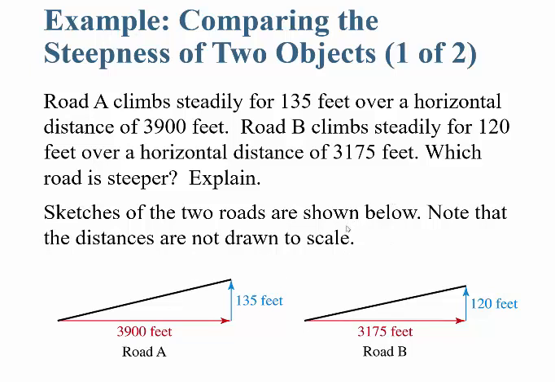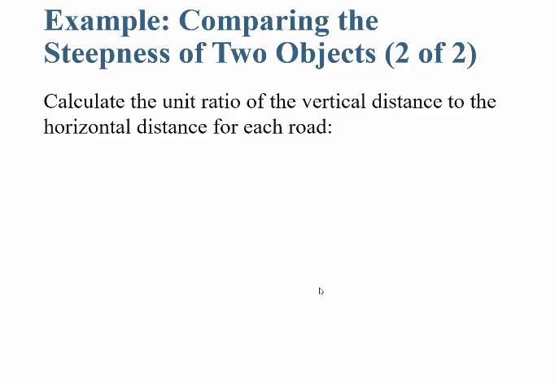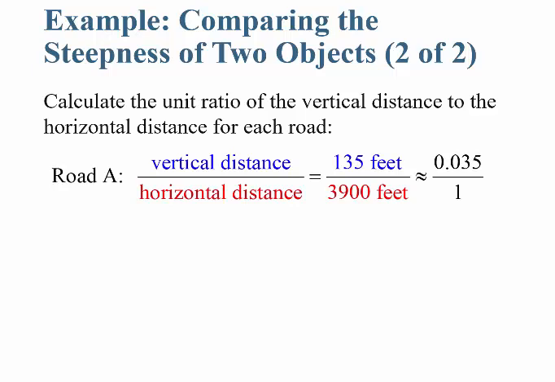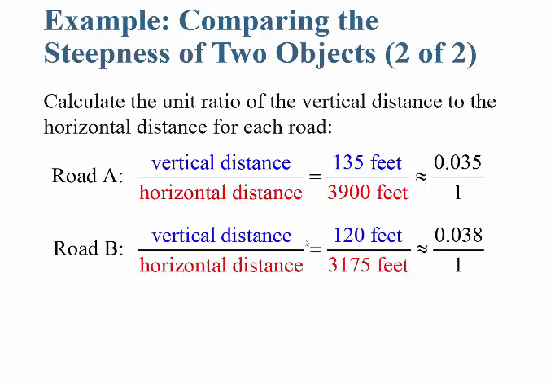So the sketches here are the two roads shown below. Note that this is important, the distances are not to scale. We want to calculate the unit ratio of the vertical distance to the horizontal distance of each road. For road A, 135 feet divided by 3,900 feet gives you roughly 0.035 to 1.